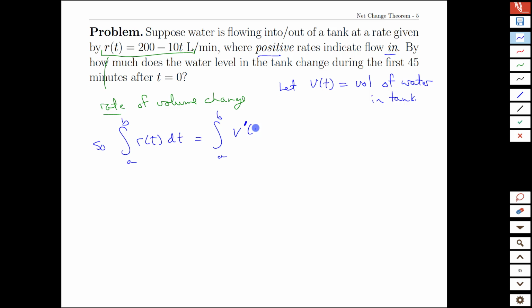So v prime of t dt, these are the same thing. If we look at the units, we have units of volume per minute, so this is actually v prime of t. And so that's going to give us the volume at the end minus the volume at the start time. And of course, that is exactly the change in water level.